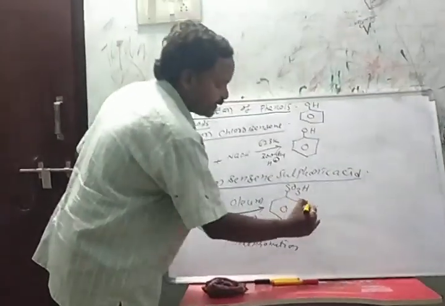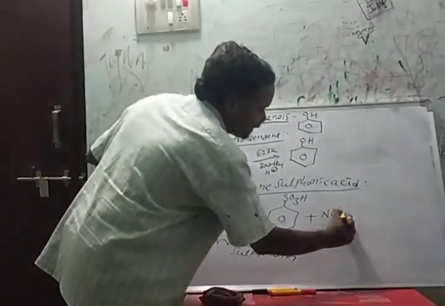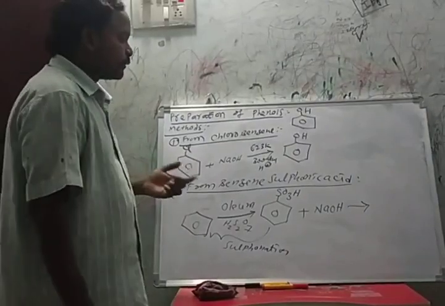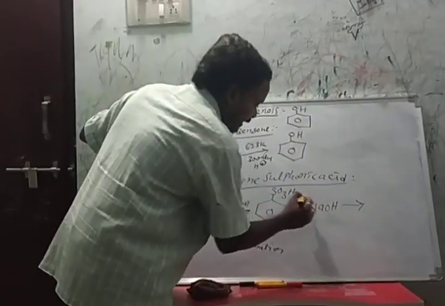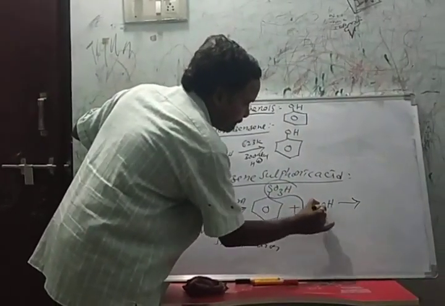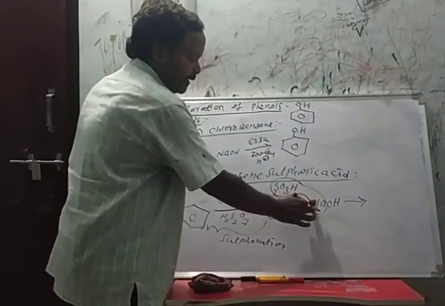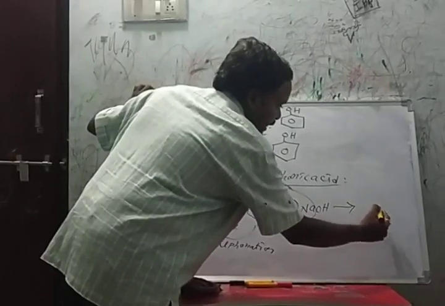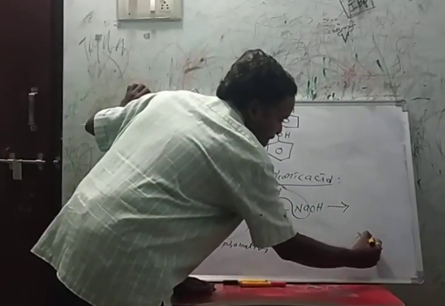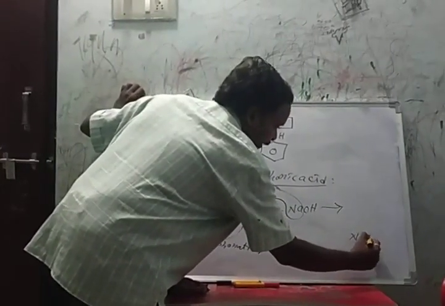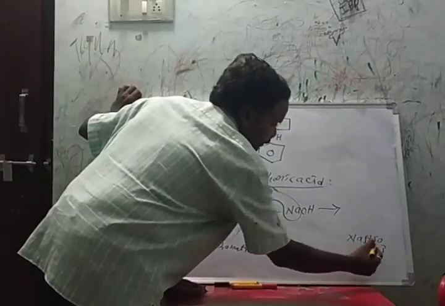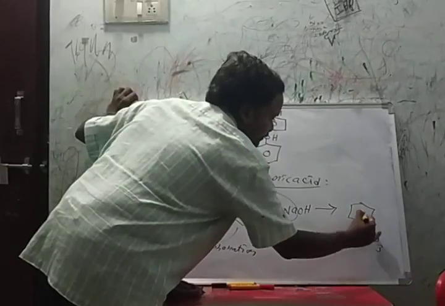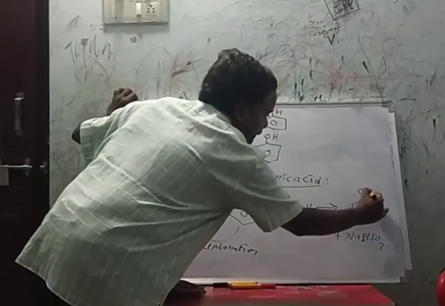This benzene sulfonic acid reacts with sodium hydroxide. And here we will get sodium bisulfite, NaHSO3, along with phenol.